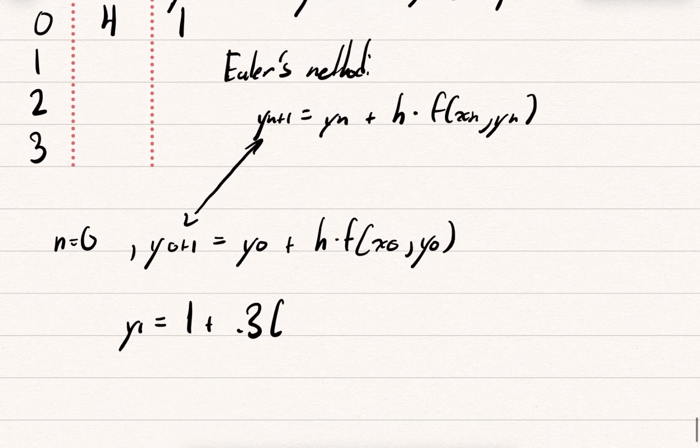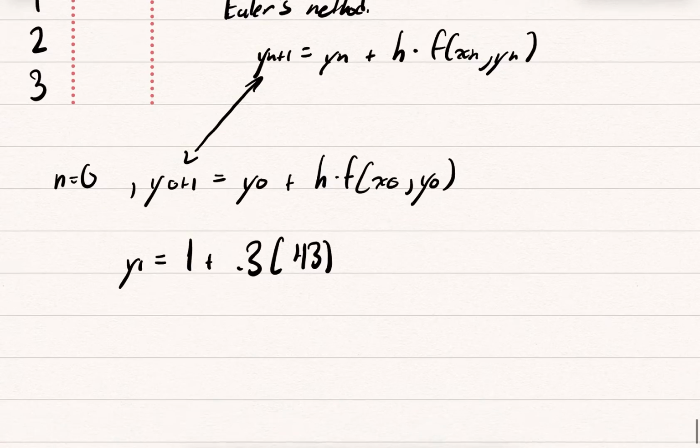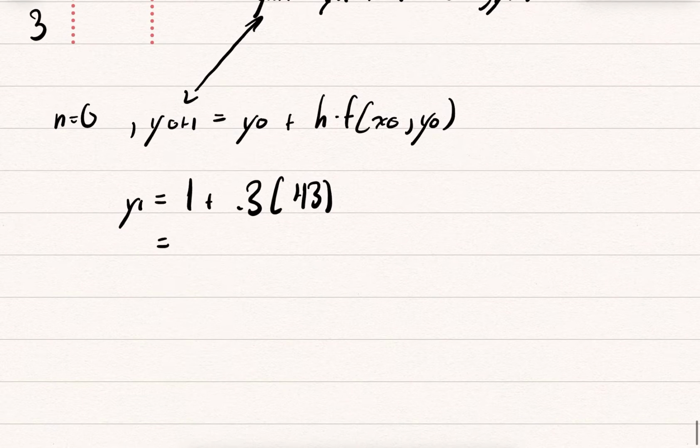So we're gonna have 8 times 4, so 32, plus 5, we're at 37, plus 6, 43. So we have 1 plus 0.3 times that, and we're going to get 13.9.